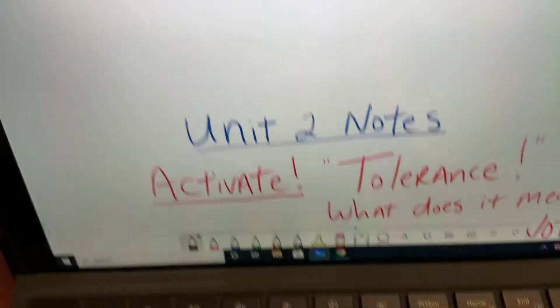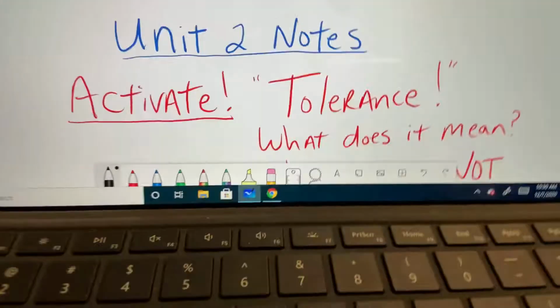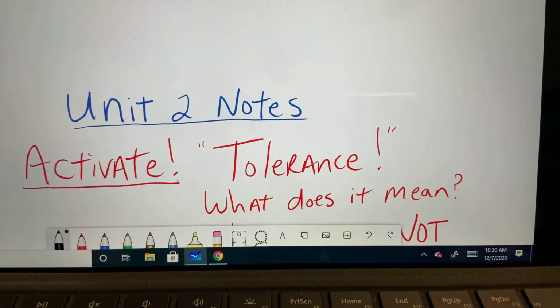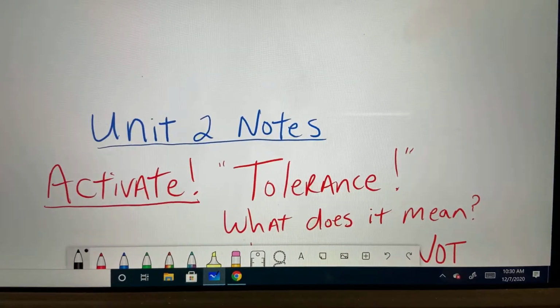I want to activate your brain. I wish you were here at school today, because what I would do is put this word up on the board: tolerance. What does tolerance mean? Think about that for a minute while you're sitting there watching the computer. Tolerance. Some of you might be lactose intolerant.